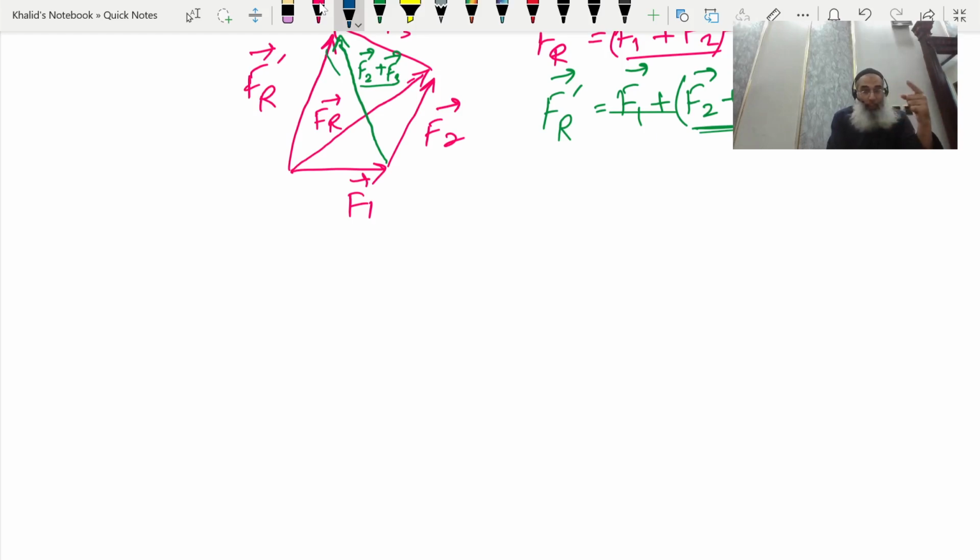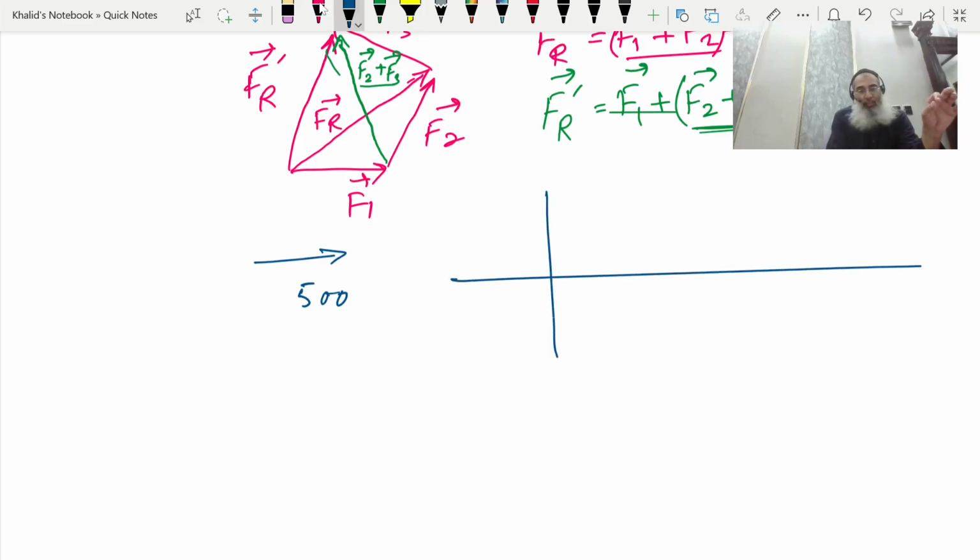We started it in the previous lesson briefly: if one force is 500 Newton in the x direction, along the x-axis, that is 500 i cap.